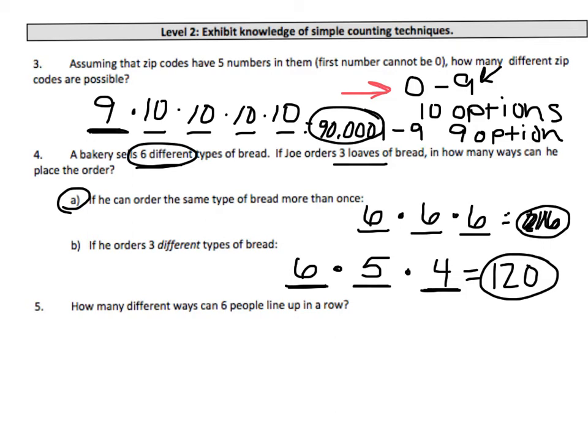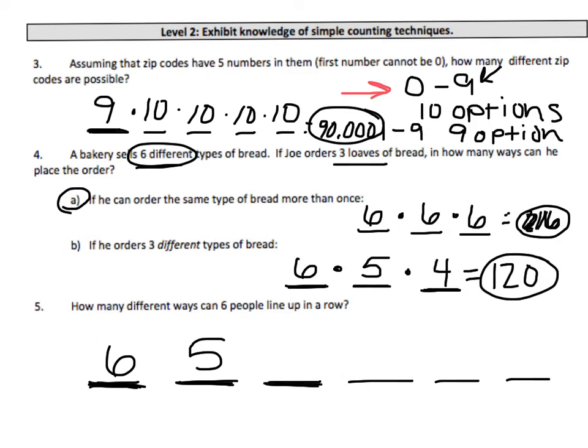Okay, and then last one, number 5. How many ways can 6 people line up in a row? Okay, so 1, 2, 3, 4, 5, 6. The first spot, 6 different people could start in that first spot. In that second spot, the same person can't be in the first spot and in the second spot. So now there are 5 different people that could line up in the second spot. Same thing in the third spot.